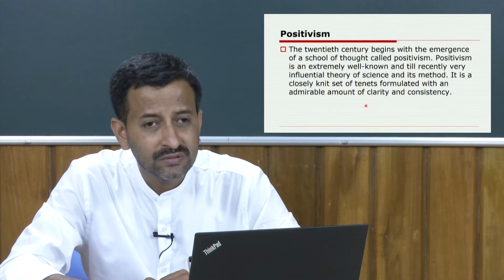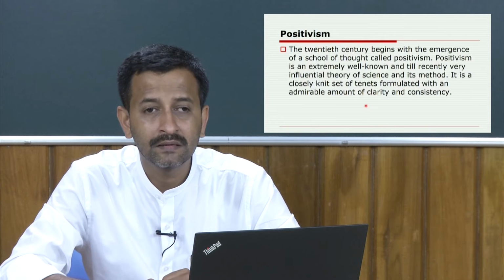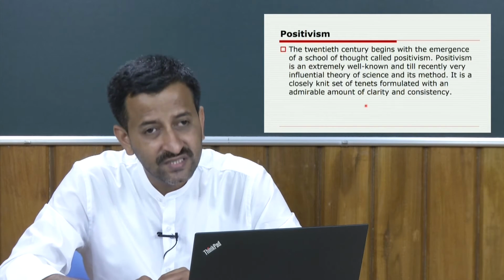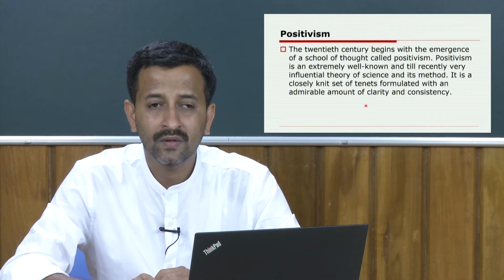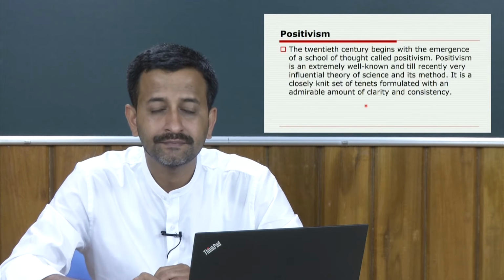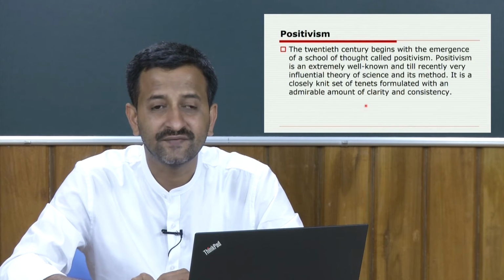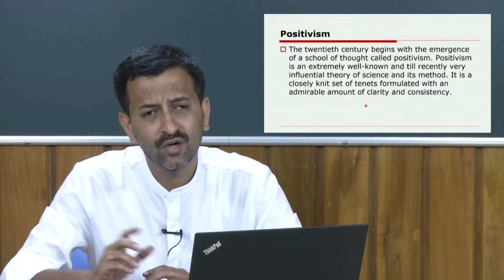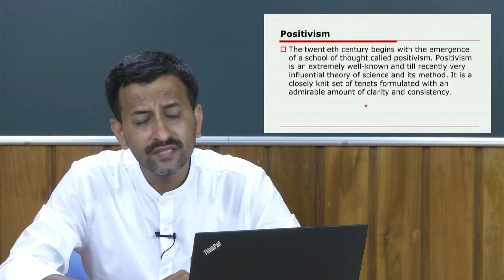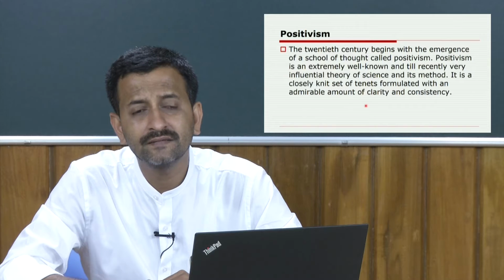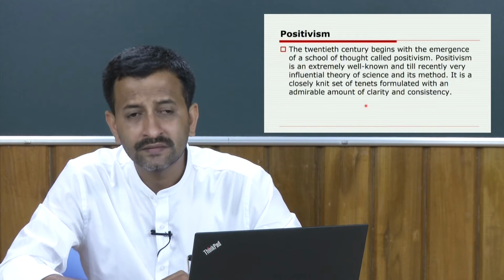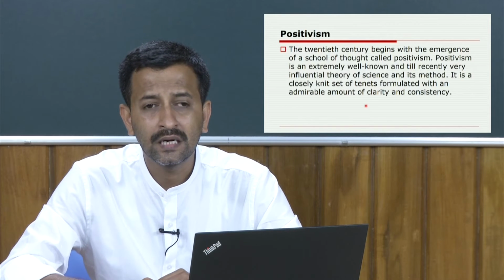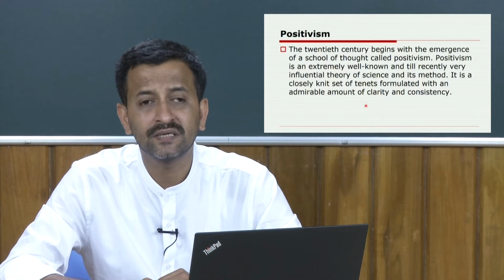Those three stages are the theological stage, the metaphysical stage and then the positivistic or scientific stage. What is this theological stage? The theological stage believed that changes occur because of supernatural interventions.